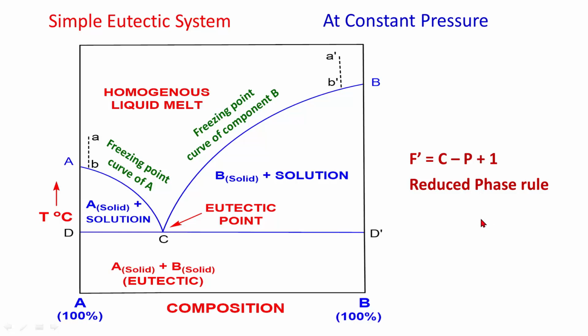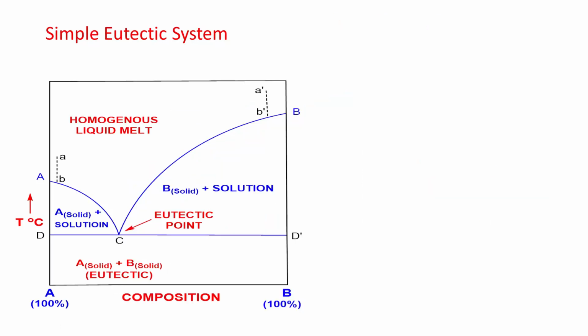In our further discussion, we will consider the phase diagram at constant pressure. This is pure component A 100% and this is pure component B 100%. In between, these are various compositions of A and B. On this axis, we have temperature.